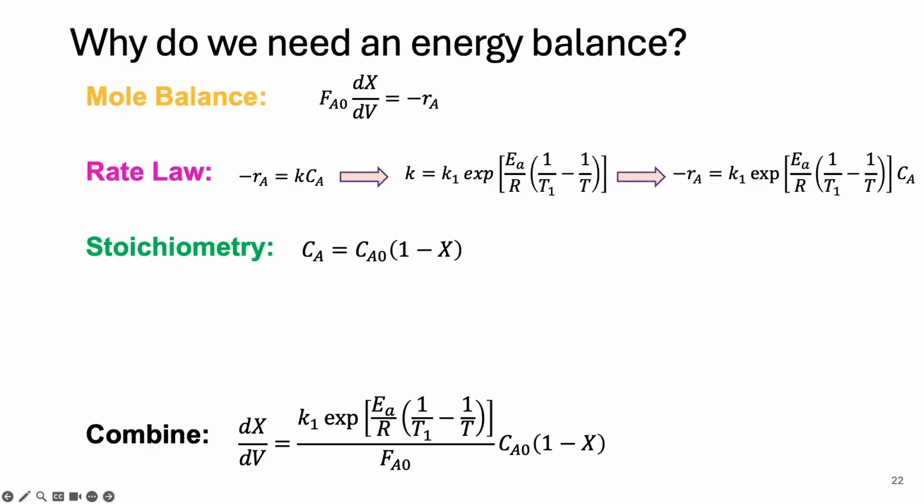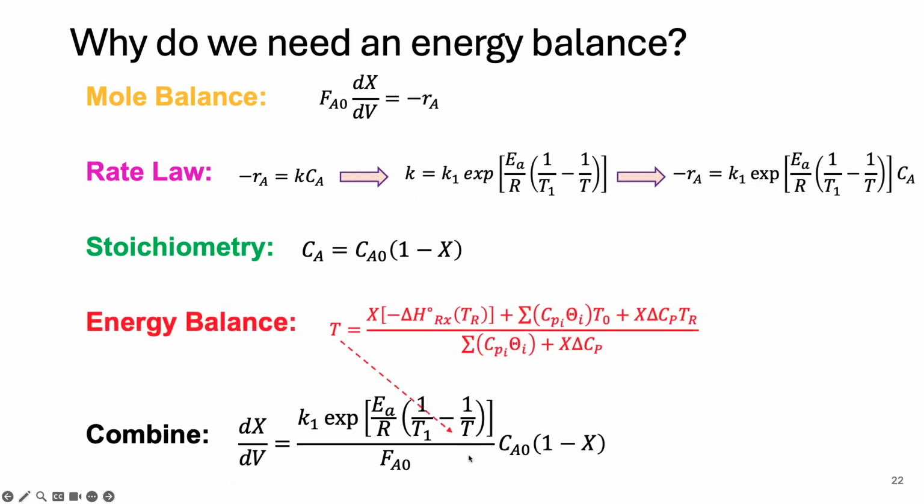Okay, so returning to one of our first questions, why do we need energy balance? When we wrote our mole balance, we understood that our rate law changes, our rate constant changes as a function of temperature, which is going to affect our reaction rate. And we can plug that all in and combine that to come up with our design equation for our PFR, including as a function of temperature.